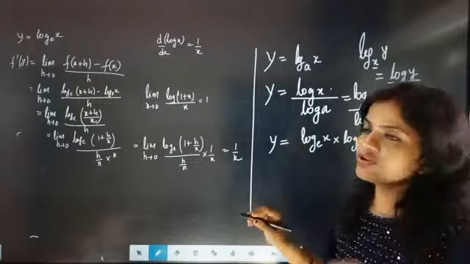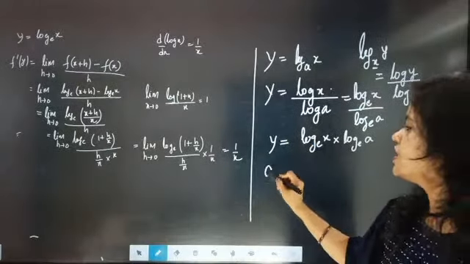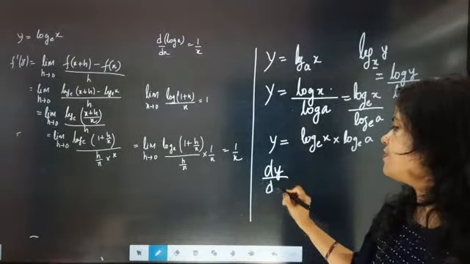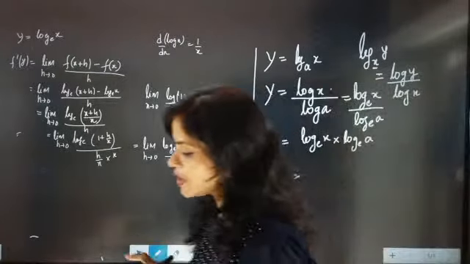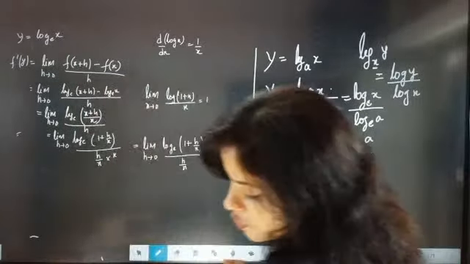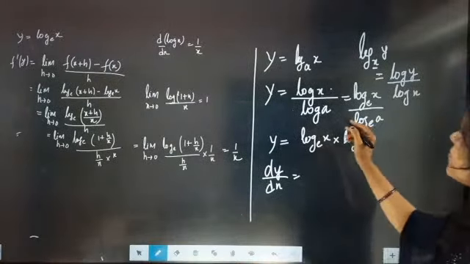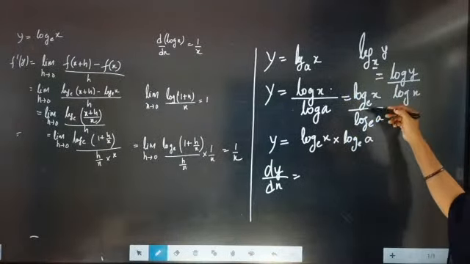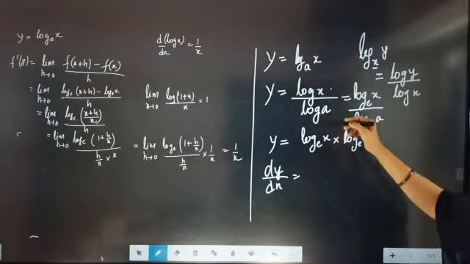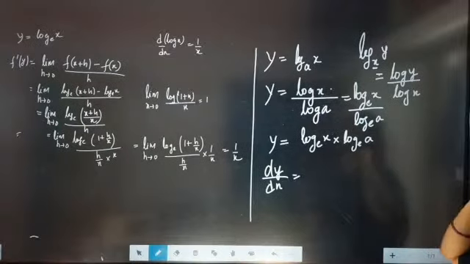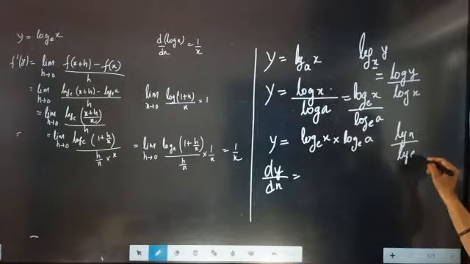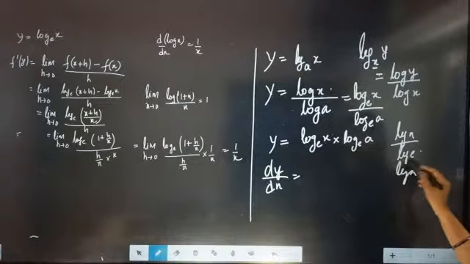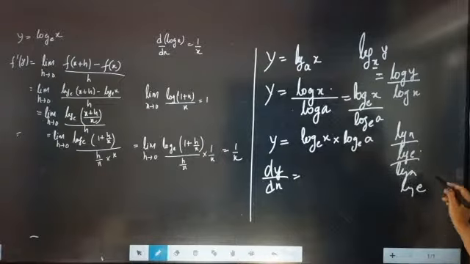So we are going to differentiate both sides with respect to x. This part will become dy by dx. This part log base e of a is exactly going to be a constant, so since it is constant, it stays the same. So log of x by log of e, and here log of a by log of e will be there.